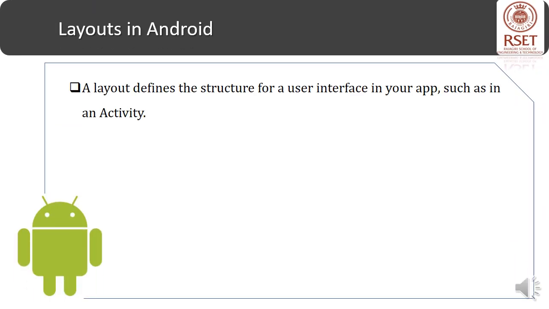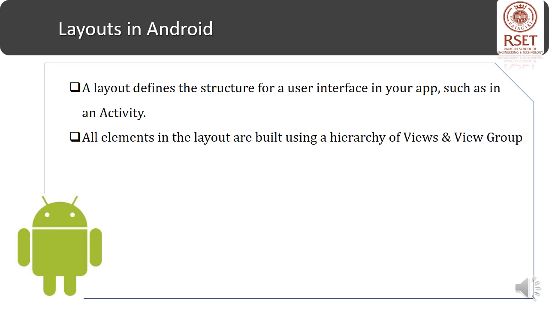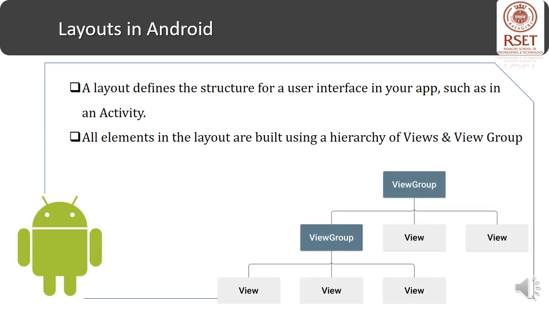Now let's discuss layouts in Android. A layout defines the structure for a user interface in your app. How do you build a layout? All the elements of a layout are built using a hierarchy of views and view groups. You are aware of what a view is.